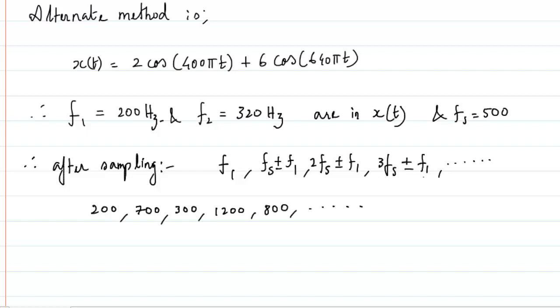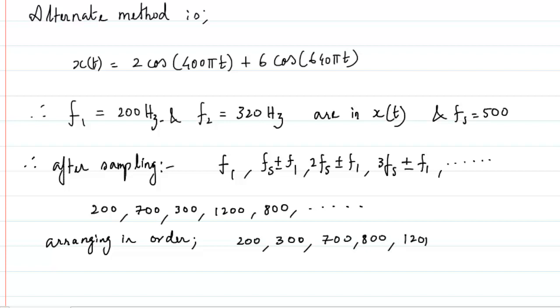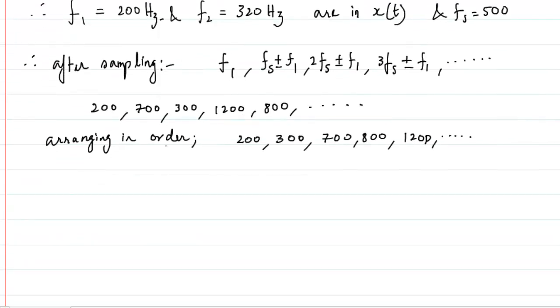Like that it will keep on going. I can take 3fs, but you can see that the value is going to go high. Arranging in order, I will get first 200, then 300, then 700, then 800, then 1200, and then all higher frequencies. I'm not interested in that.